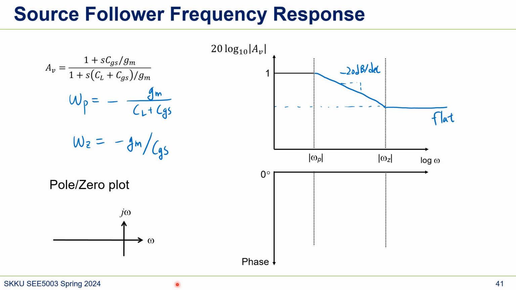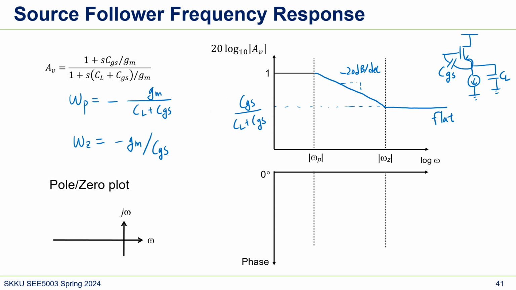What we can do is make S infinity, and that will be CGS over CL plus CGS. This is because when we look at the circuit, if the frequency becomes really large, it's a capacitor divider, so that's why we got this.